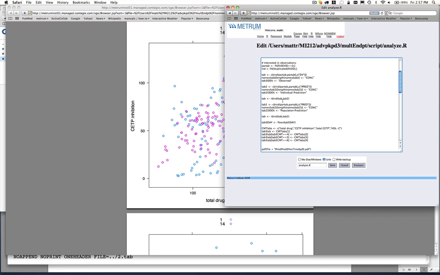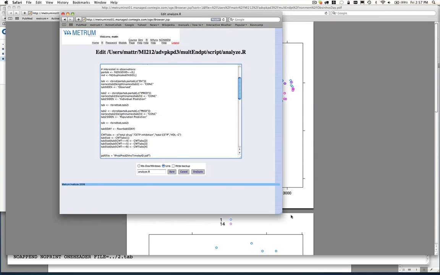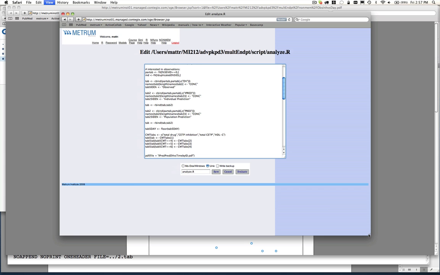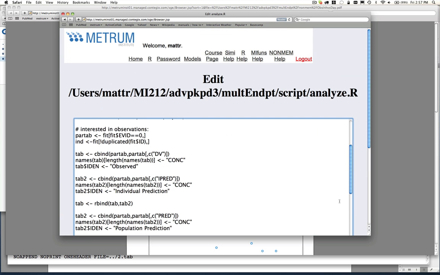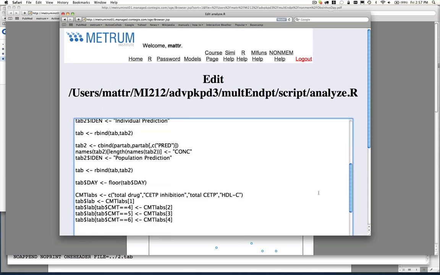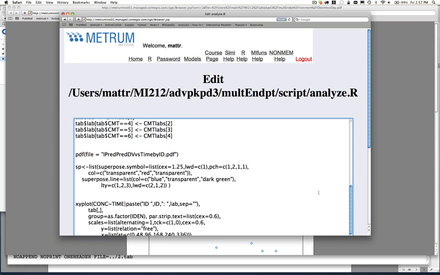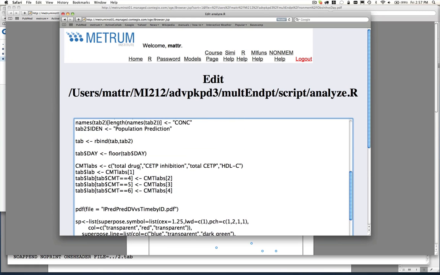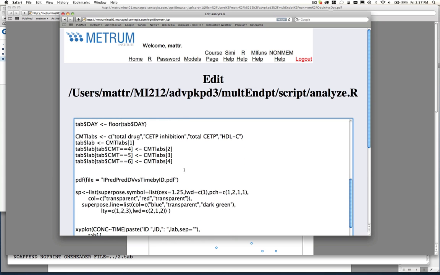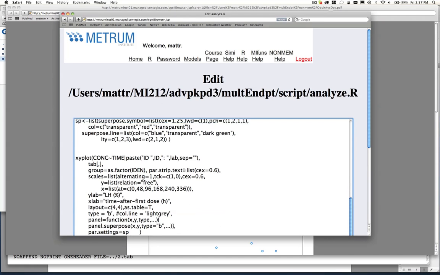So we're reading in the data set, we're stacking it as we've done before, so that we can plot things simultaneously. And then I've also included these compartment labels so that when we plot by compartment, we have something more readable than 2, 4, 5, and 6.